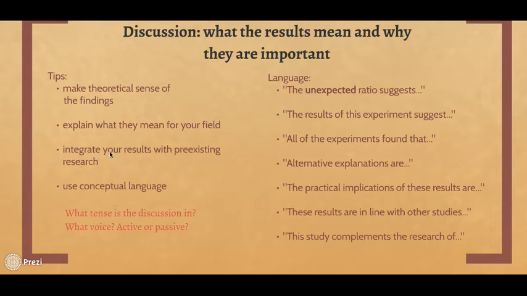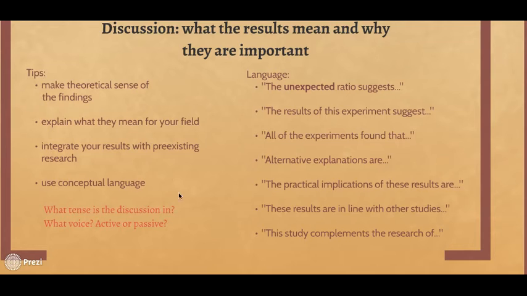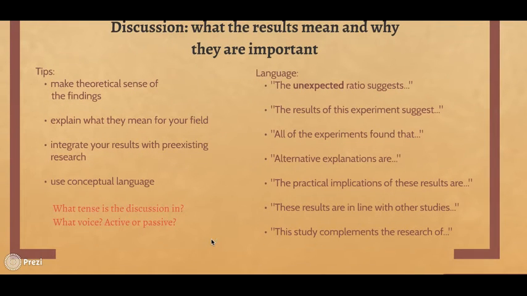You're going to integrate your results with pre-existing research, so do a little synthesis of your findings. Now you've done some work, you're going to synthesize your work with the results in other research. You're going to use conceptual language, so more intellectual language, rather than just factual.